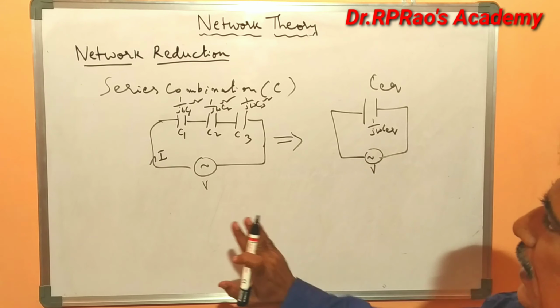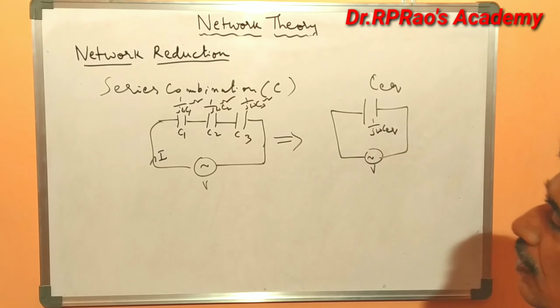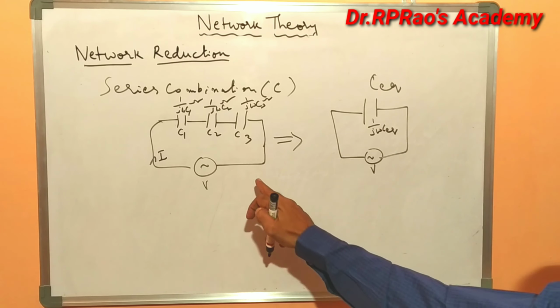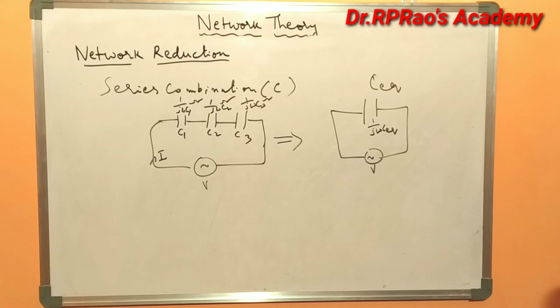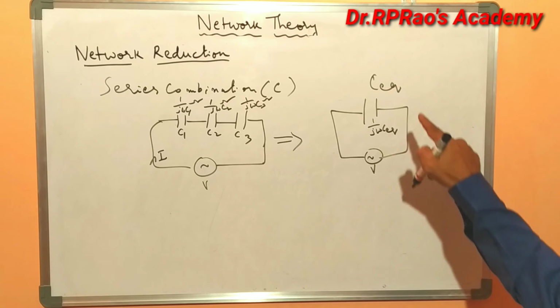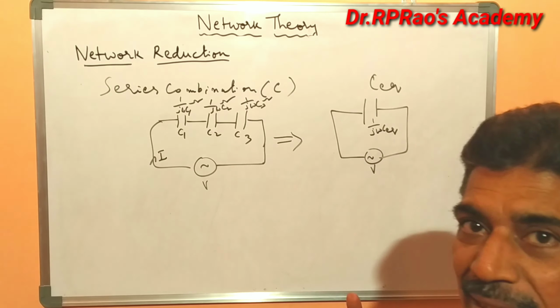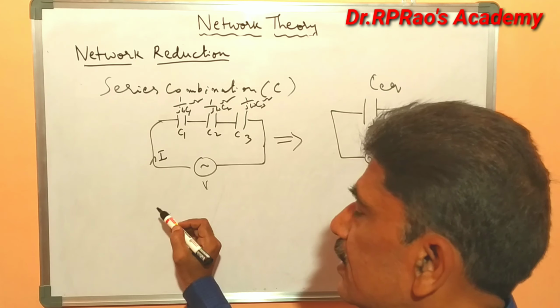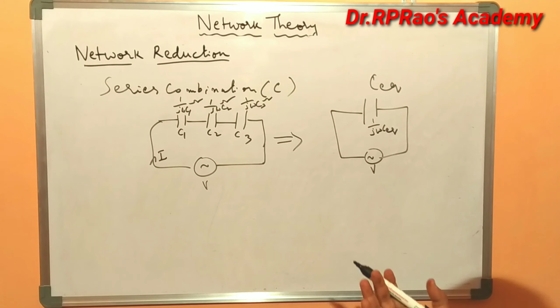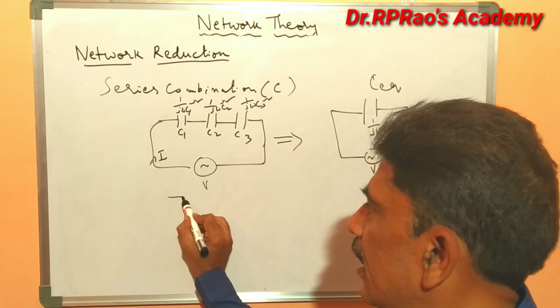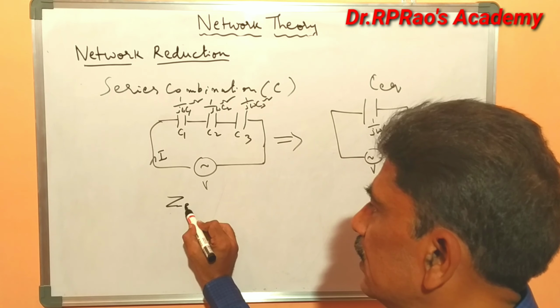This is the complex network reduced to a simple network like this. Now let us find out the C equivalent. When the resistances are connected in series, the resistances are simply added. In the same way here also, let us add the impedances.